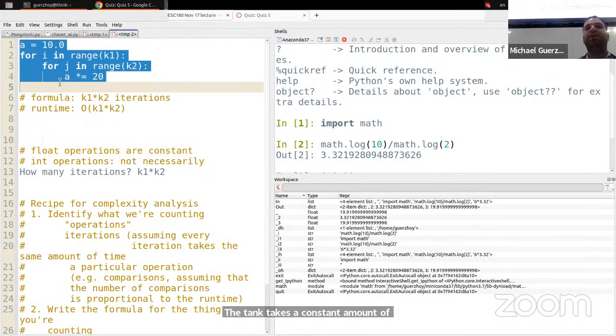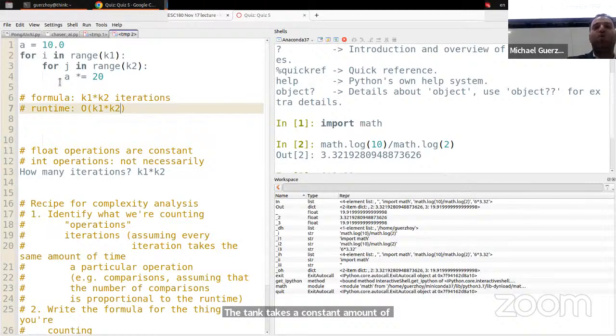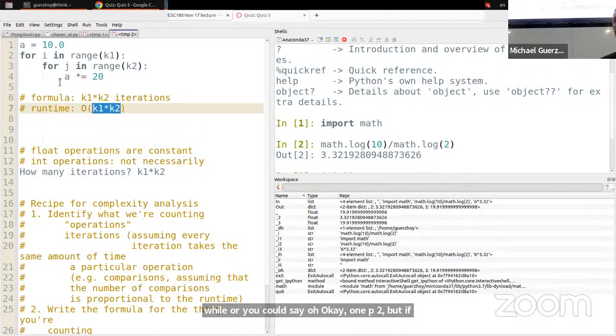So it's O(1). If it happens that K1 is 5 and K2 is 3, then O(15) is nothing, it's O(1). But it also doesn't hurt to write it as O(K1 times K2), just in case K1 and K2 happen, after all, to not be constants. So just to be safe.